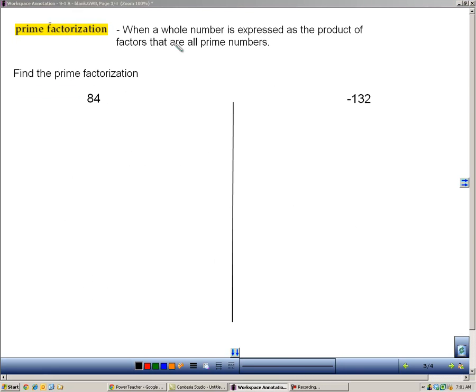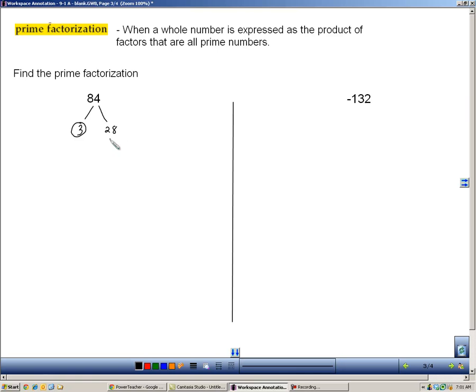Our next definition is prime factorization. That's when you take a whole number and you express it as a product of factors that are all prime. So now we don't just want any factor, we only want the prime factors. The way that you do that is you create a factor tree. So you figure out what two factors multiply to get 84. 3 and 28 are two factors. Now because 3 is prime, we're going to circle it.